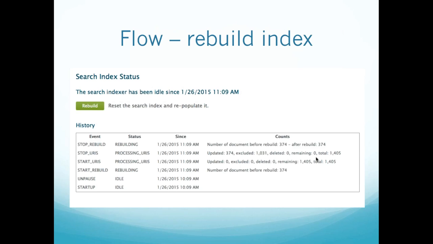Then when I did say that I wanted to do a rebuild, we get the start rebuild. Within that, once it's found all the URIs, it says, okay, I'm going to start rebuilding these 1,405 URIs, of which most are excluded. We get the stop rebuild, sort of as a parenthesis around it, saying there were 374 documents in that search index when we were done.